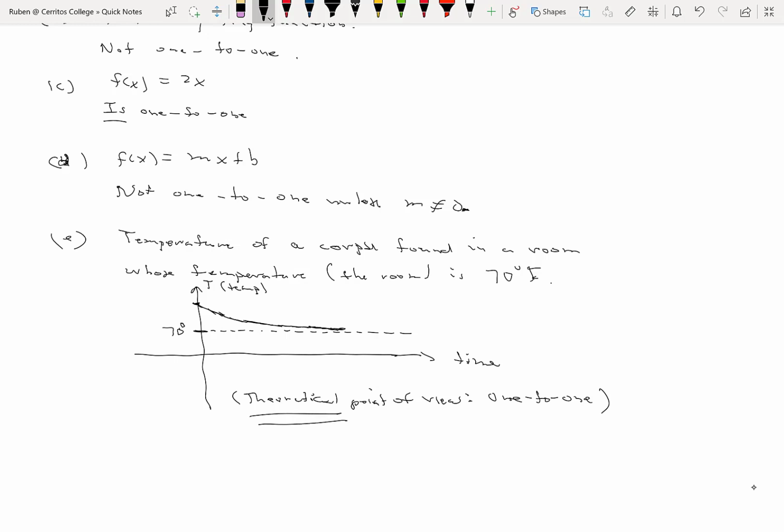The real-life model says to the contrary. We know that if we put an object in a room whose temperature is 70 degrees, the object is going to cool down to 70 degrees eventually. So the real-life answer would be no, the temperature of the body will eventually hit and stay at 70 degrees Fahrenheit.